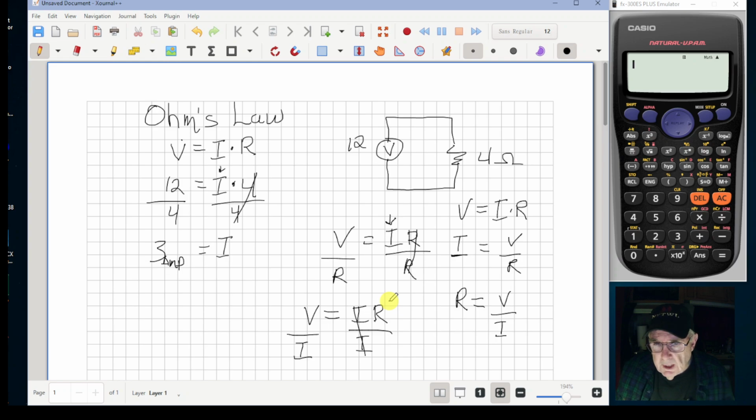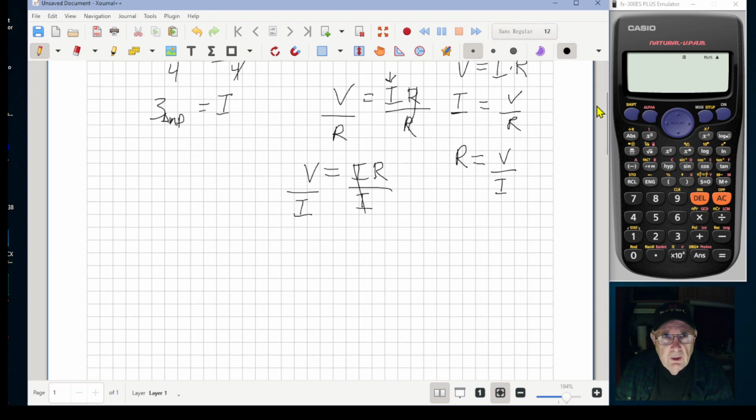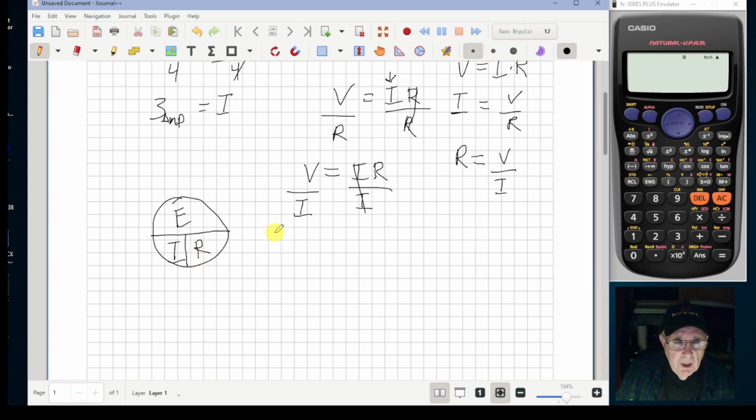And you're going to see in study guides, I got to look in the license manual and see how they do it, but oftentimes you're given this circle, and they'll draw a line here, and like this, and they'll put E or V, I, R. And you simply cover up the one that you want to know, and it will tell you what it is. So if you covered up this E, it is I times R. If you covered up this R, it's E over I. If you covered up this I, it's E over R.